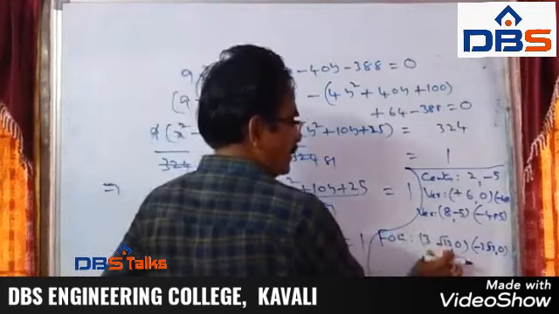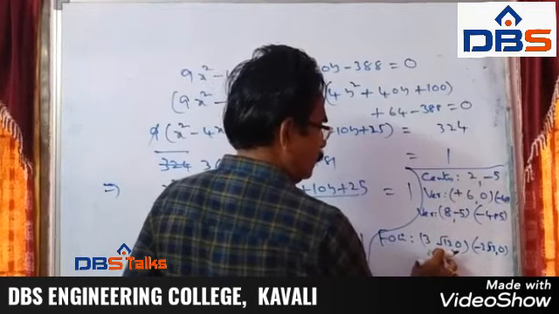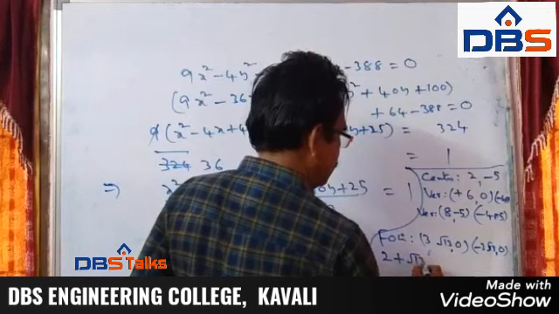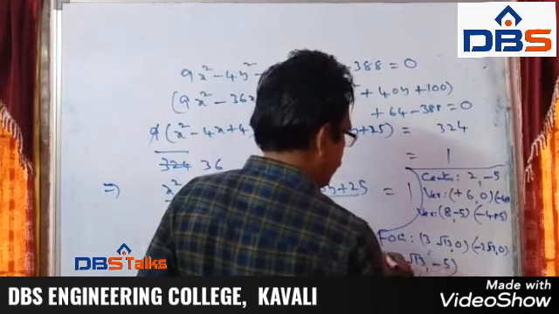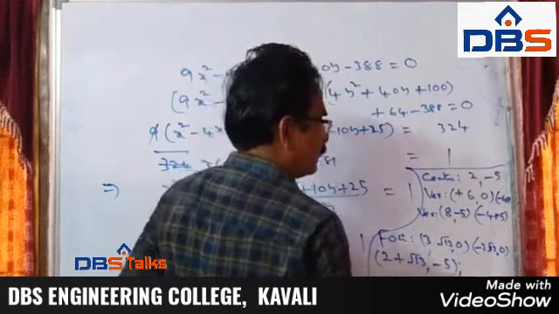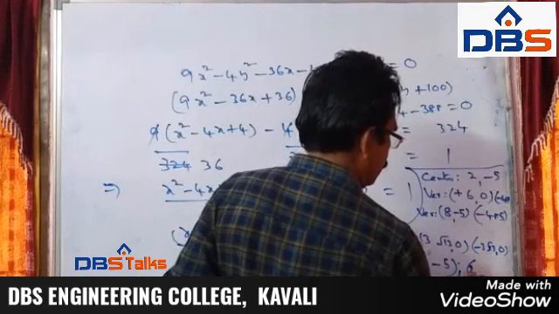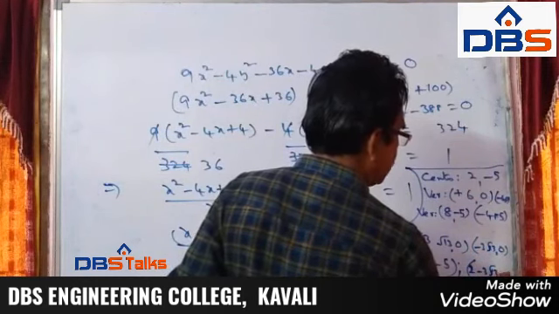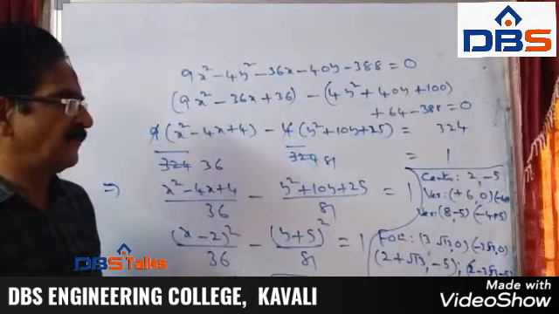So we have to add the center to this. 2 plus 3 root 13 comma 0 minus 5, that is minus 5, is one focus, and 2 minus 3 root 13 comma minus 5 is the other focus.